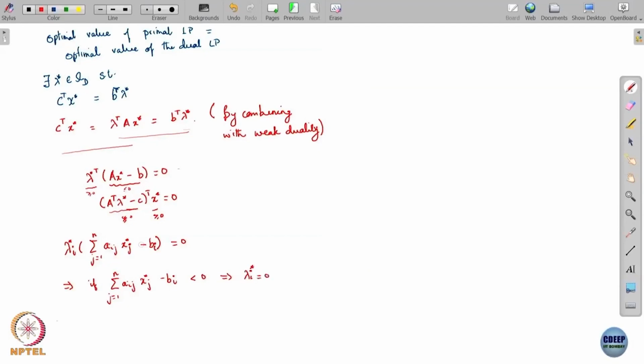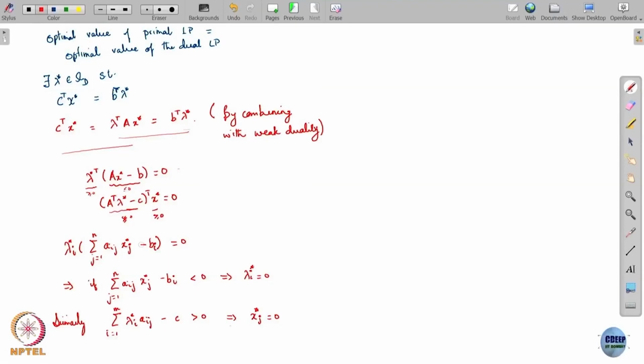And similarly, we can show the other way around. Similarly, sum over... the sum, if this inequality holds strictly, then the corresponding x star j must be equal to 0.